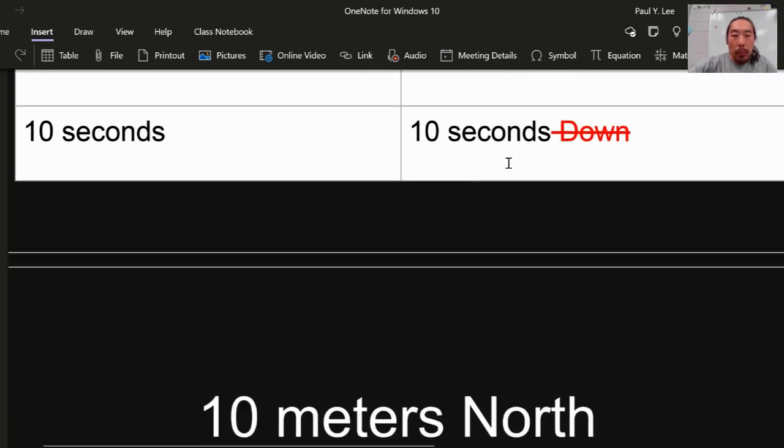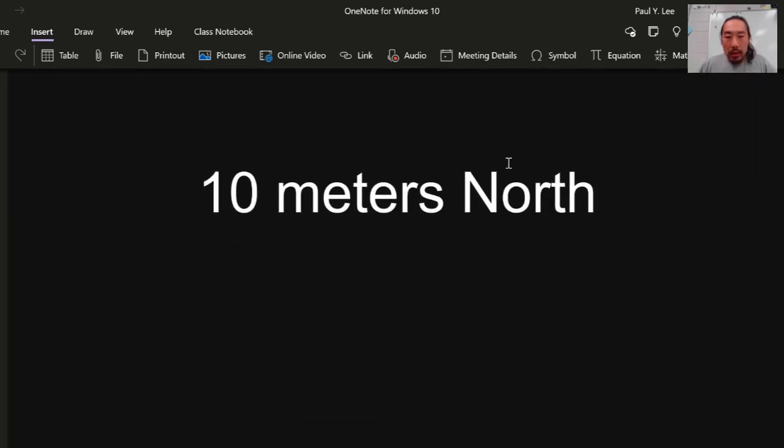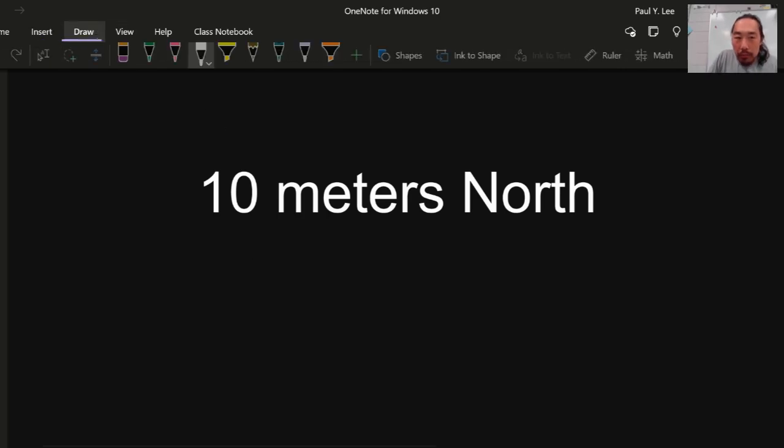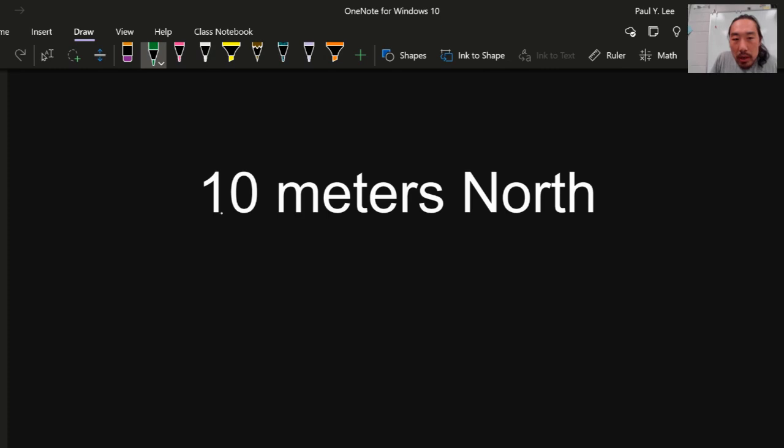All right, so let's take a look at this example here, 10 meters north. Let's break this down with our definitions. Here we have this 10. This 10 is what we're going to call the magnitude. So it's how big something is, how big or small.